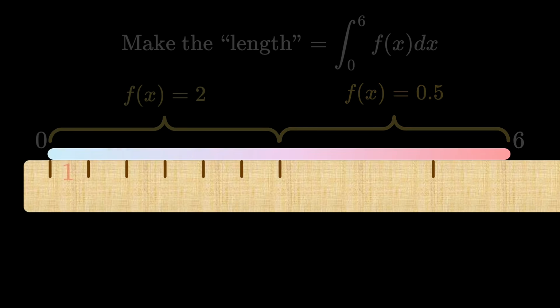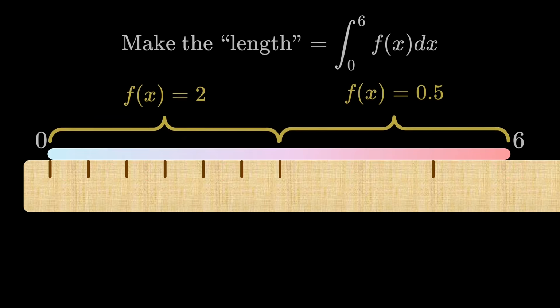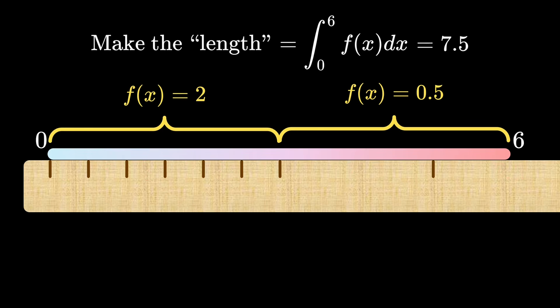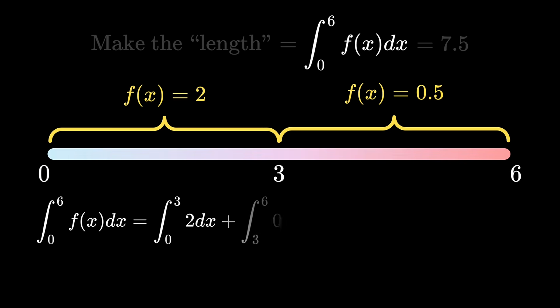At the end, we can count the number of markings spanned by the entire object to be 7.5, so the quote-unquote length is 7.5. You can check that the integral in this case does equal 7.5 by separating it into 2 parts.